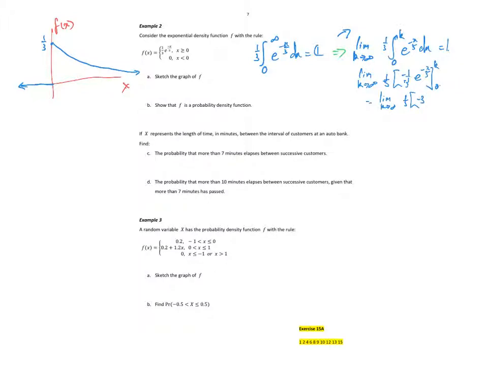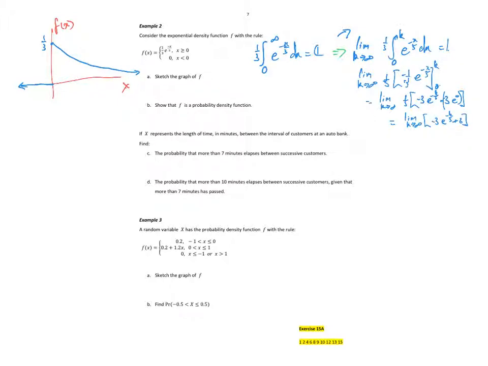Put k in, I get e to the minus k on 3. And if I substitute 0 in, I get minus -3 e to the 0, which is equal to the limit as k approaches infinity of -3 e to the minus k on 3 plus 3.